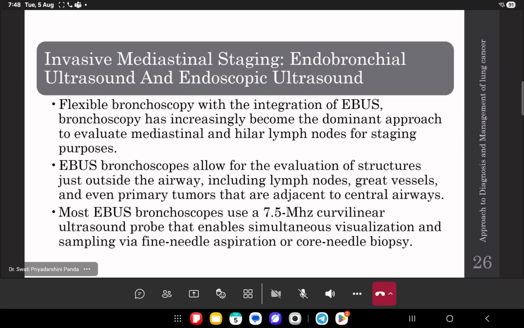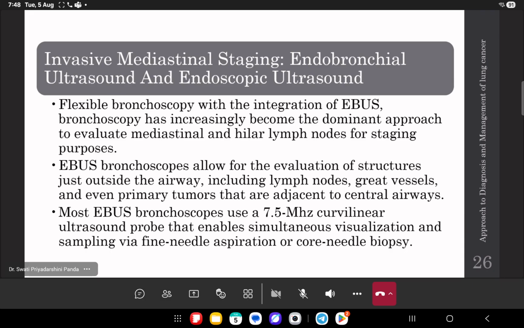Invasive mediastinal staging: endobronchial ultrasound and endoscopic ultrasound. These include flexible bronchoscopy with the integration of endobronchial ultrasound, or EBUS bronchoscopy. It has increasingly become the dominant approach to evaluate the mediastinal and hilar lymph nodes for staging.